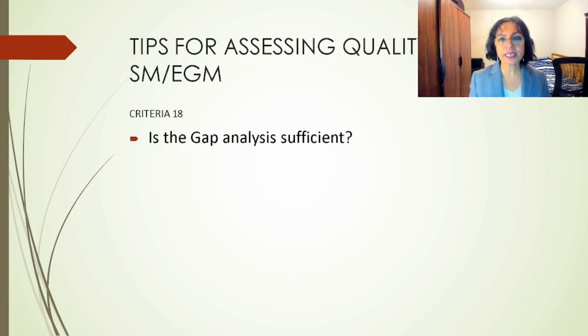Is the gap analysis sufficient? This is very important in a systematic map, because a systematic map is to bring out the gaps. So the gaps in primary research, if you have primary studies, and gaps in systematic reviews or review level evidence, if you have a systematic map of systematic reviews. It will also be good to mention the clusters, like what further work can be done using the systematic map.